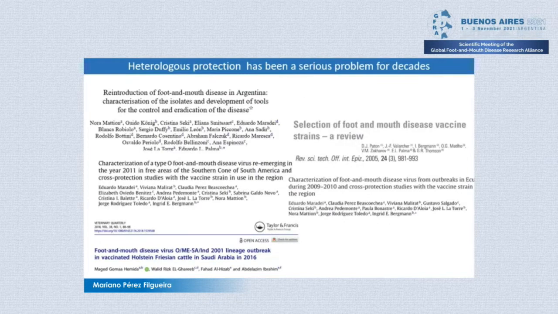This is not exactly the same with heterologous strains, and the strains that many times circulate in the field are not the same as those included in the vaccine. Here are just a few of hundreds of examples where field strains really overpass the protection and the immunity induced by vaccines. Many of them are in our region, but some of them are in Southeast Asia and Africa.